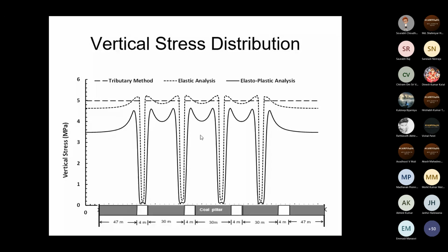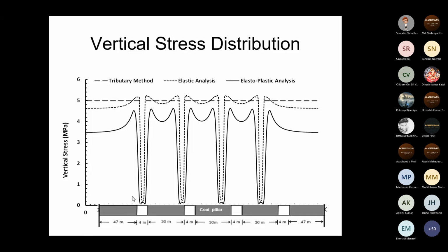The stress will be maximum at the corner of the pillar or near the corner, and those areas are going to fail first, followed by the remaining part of the pillar.